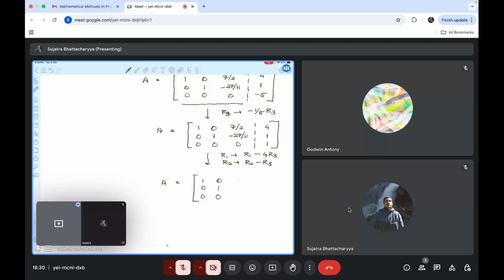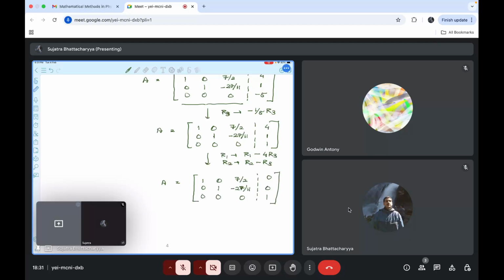Here there will be change. Yes, this will be 0. Okay, so R3 is already 0, so no need to change here. So this will be minus 27 by 11, and this will be 0 again. Now this will be 0, 0, and 1.